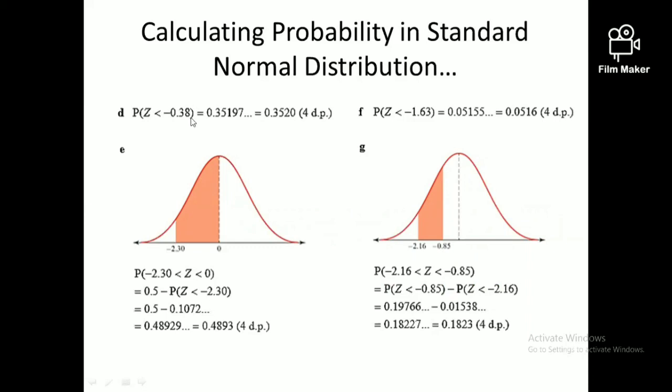Then you can say 1 minus probability of Z is less than 0.38. You can obtain the answer over here. If you want to get probability of Z is less than minus 1.63, it's the same thing. This is similar to Z is greater than 1.63. That is 1 minus probability of Z is less than 1.63. Then you can obtain the answer over here.